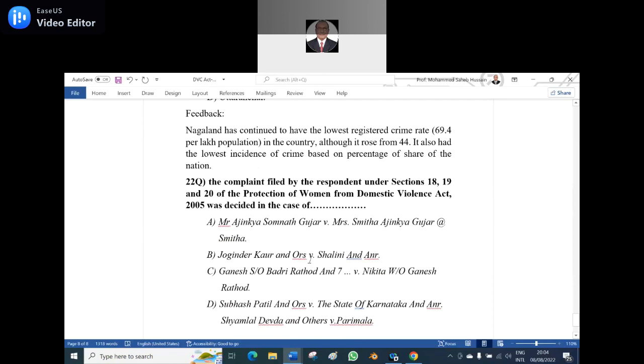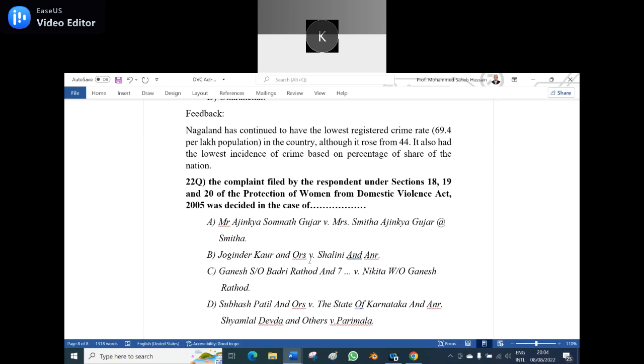The 22nd question. The complaint filed by the respondent under sections 18, 19 and 20 of the Protection of Women from Domestic Violence Act 2005 was decided in the case of Option A, Mr. Ajinkya Samant Gujar versus Mrs. Smita Ajinkya Gujar.